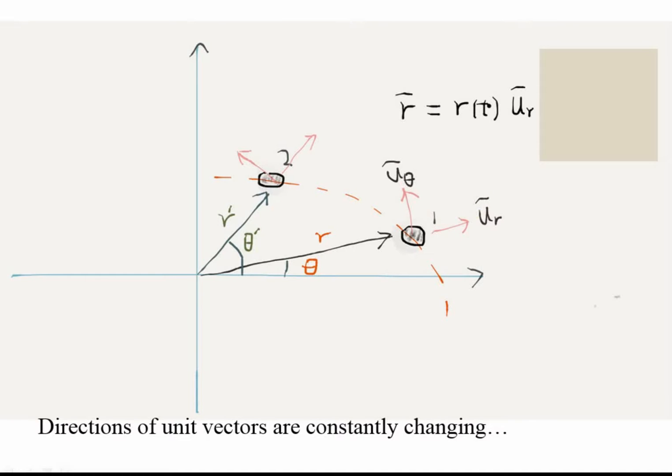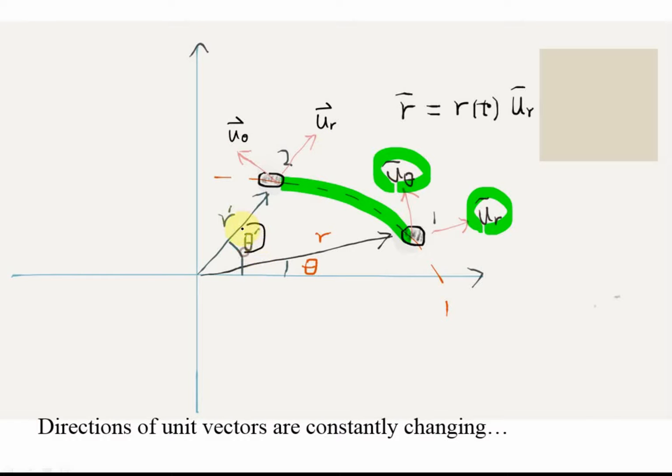So let's look at this one. This is a particle, and this is a motion. When it moves to here, the UR and U theta at the first position have changed, because this is now UR and this is U theta. The direction has changed because theta and r also changed.